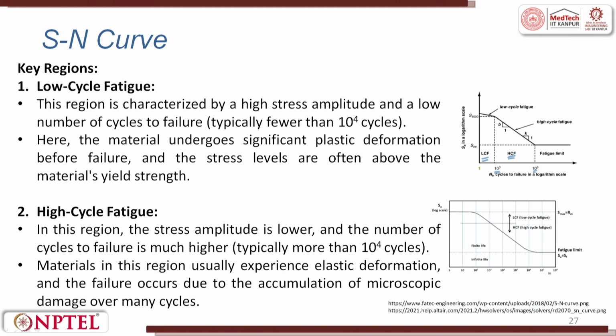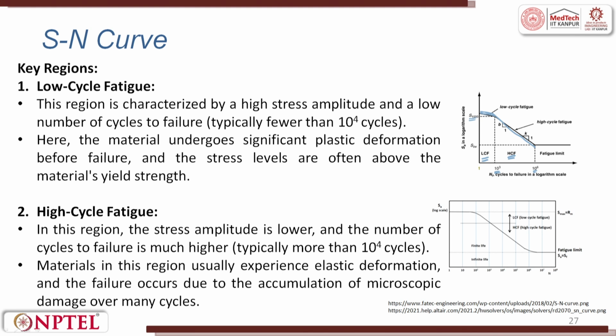In low cycle fatigue, you see how the stress response falls down, and in high cycle fatigue, you see the slope change. In low cycle fatigue, the slope of the logarithmic value of stress gradually reduces. When you go to high cycle, you see a sudden reduction.